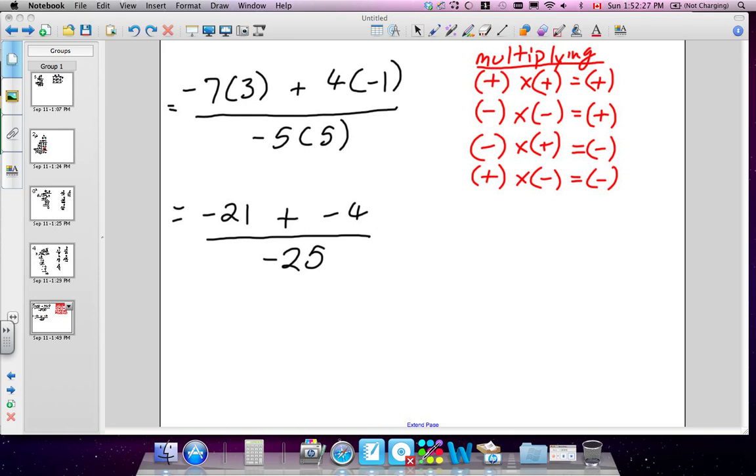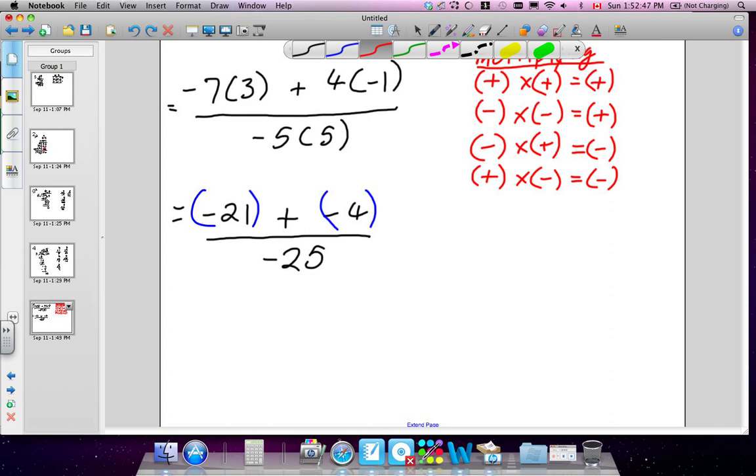Now what we have is -21 plus -4. We have to remember our negatives and what our rules are. Have you seen a number line before?